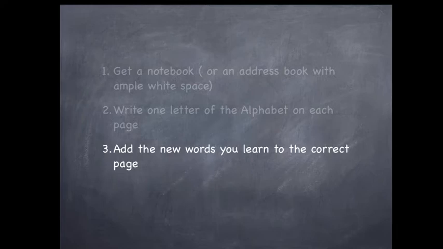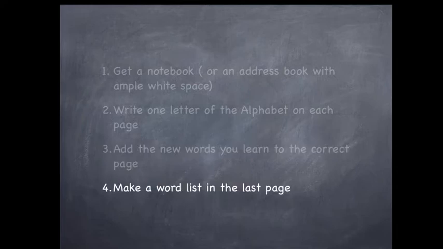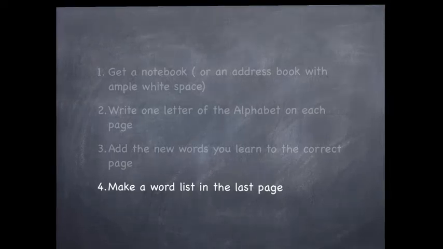So if the word starts with the letter alif, for example, you would write it on the first page. Now make a word list in the last page of all the words. List all the words at the end.